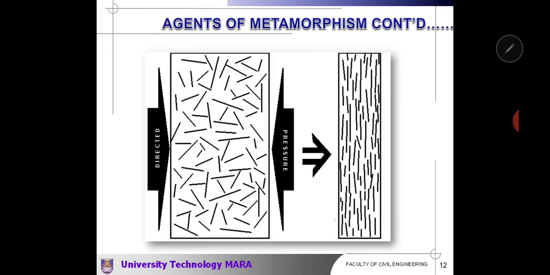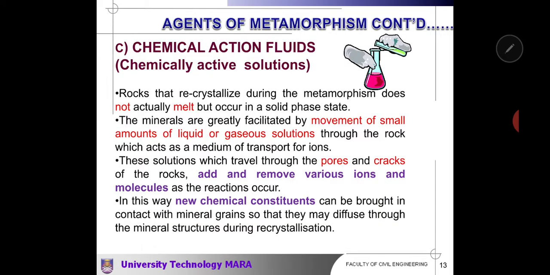This pressure will change the original rock A to the new metamorphic rock B. Internally, the structure is scattered, but when you put direct pressure, this structure is arranged in a new manner, and the new arrangement of a rock is also one part of metamorphism.